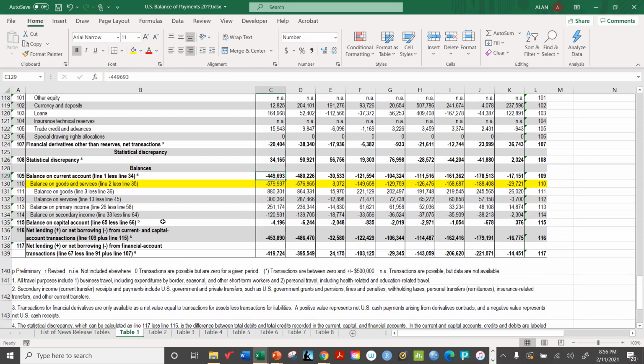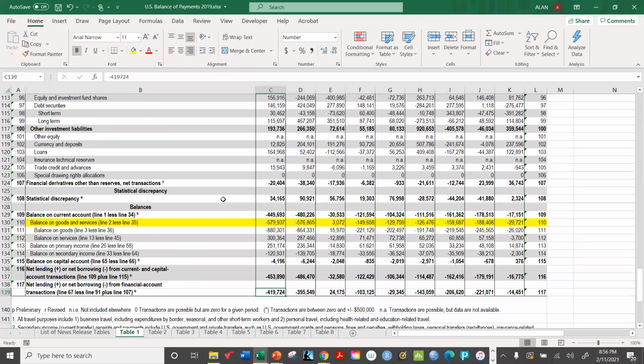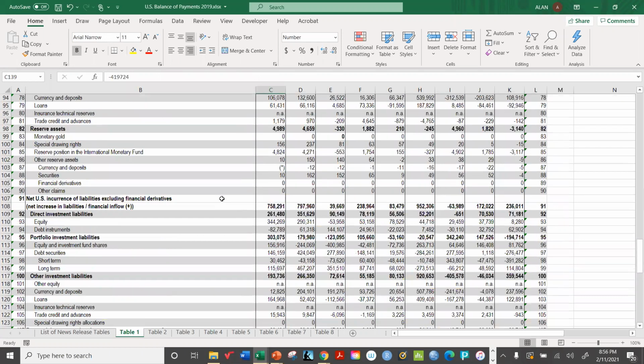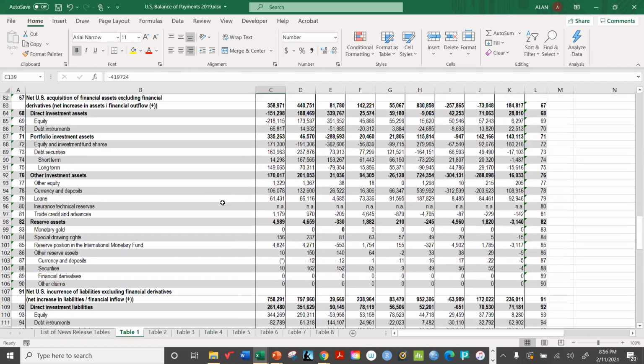The balance in the capital account is here. See, it's set up a little strangely. Yeah, let's see if we can figure this out.